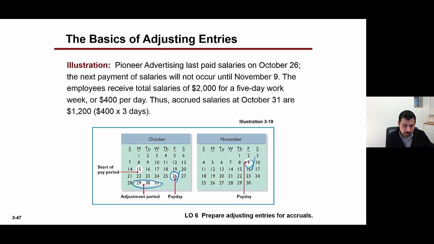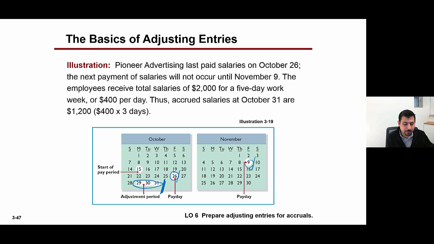Here we have 3 days. Although the company will not pay them now, by the end of this day, the company owes their employees 3 days. So even if the employees quit, the company still owes them this.